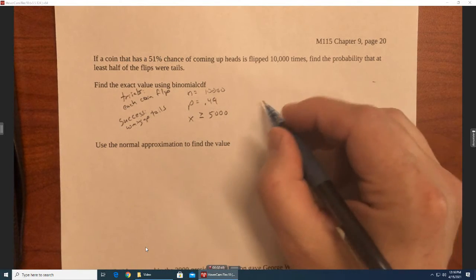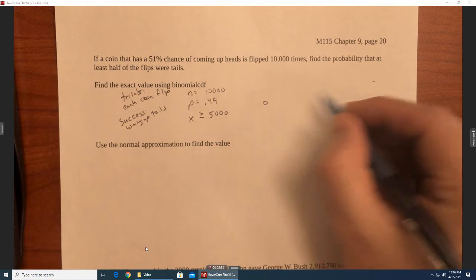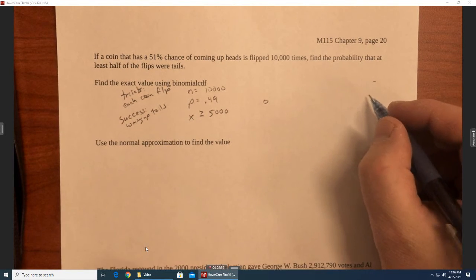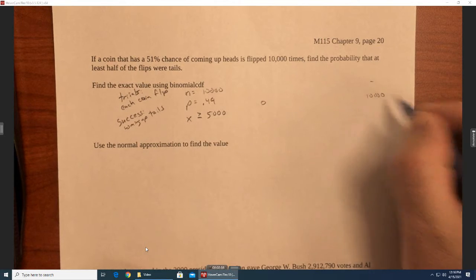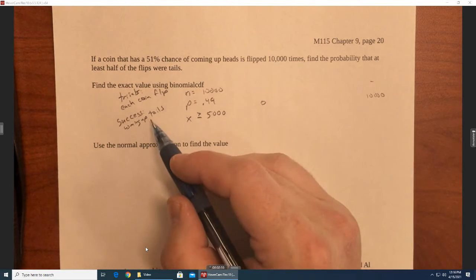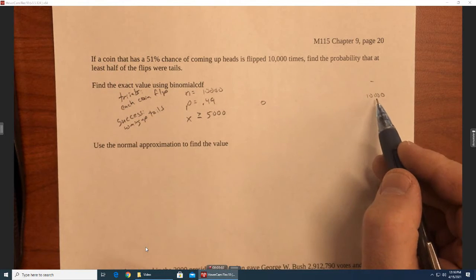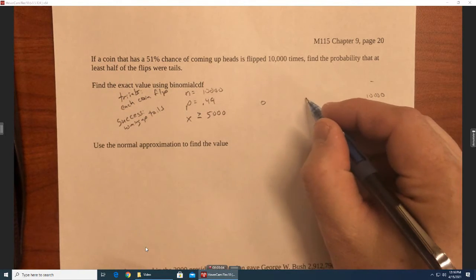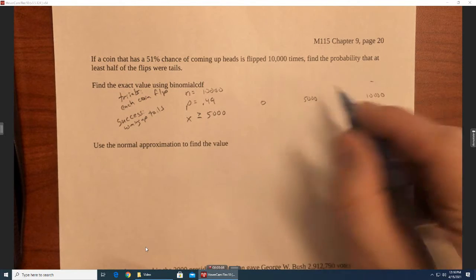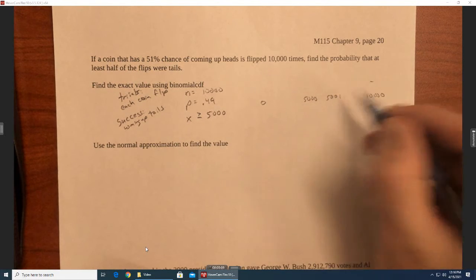When we think about this, technically we could go anywhere from 0 to 10,000 tails. We're actually interested in what's going on right in the middle, so let me just draw a couple of those in here.